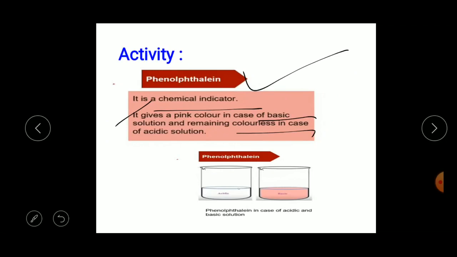When we add this indicator, phenolphthalein, to any acid, it remains colorless. Here you can see, it remains colorless. When we add the same phenolphthalein to any basic solution, it turns pink. Here you can see, it turns pink. Understood?